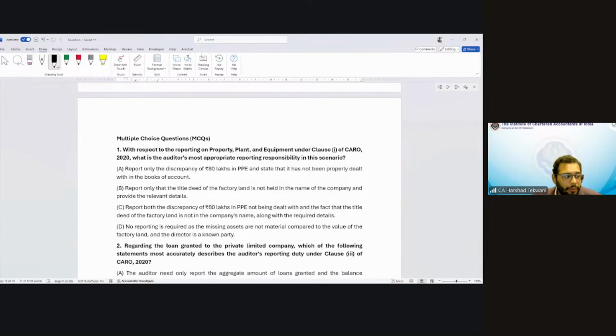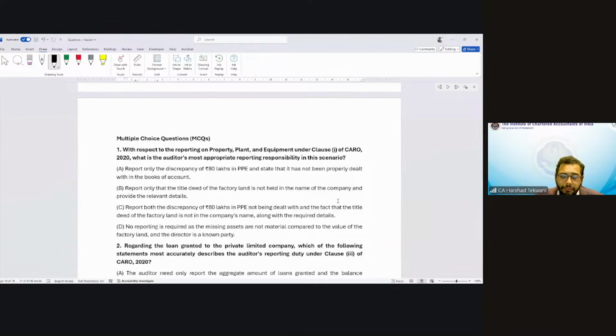Sir, here the two issues are there. The 80 lakhs is a discrepancy that has not been properly dealt with in the books of accounts. But one point we studied is whether any discrepancies of 10% or more in the aggregate of each class of inventory were noticed. In this case, the total value of inventory is not given.